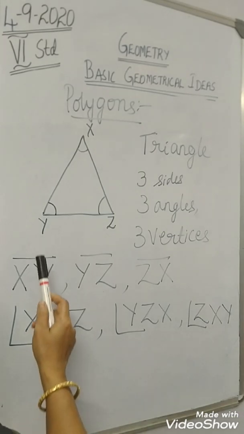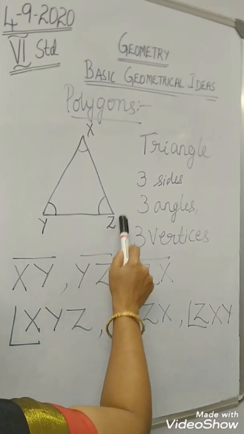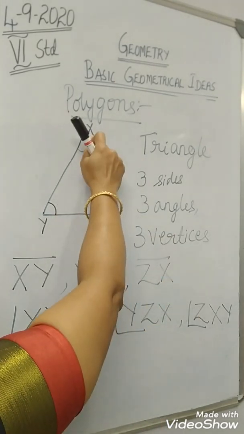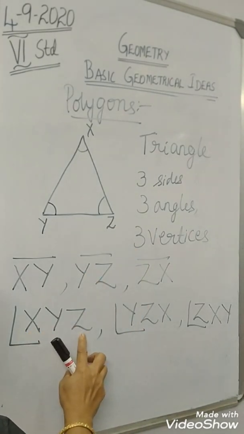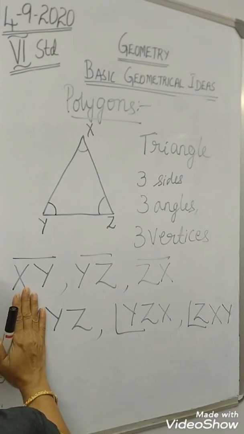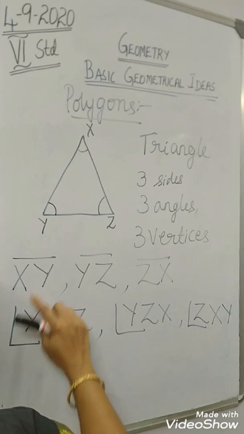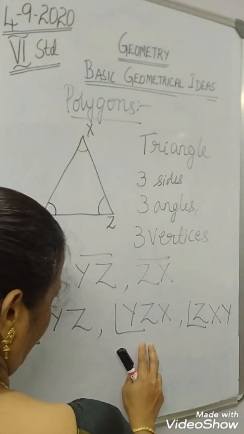So, which are the sides? XY is a side, YZ is a side, ZX is a side. Which are the angles? Angle XYZ. Look here, angle XYZ. Yes, now first alphabet you close, you see that YZ is there. Is it or not? YZ, you can write X next. So that is YZX is the next angle.